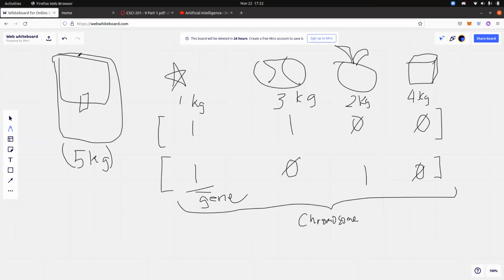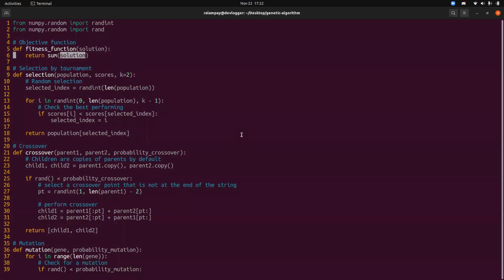If you bundle everything together, you want the most objects to fit in the bag, constrained against your value of 5 kilograms. Okay? So in a way, your fitness function is still the sum of all the elements in it. Right? Wherein you return a score.